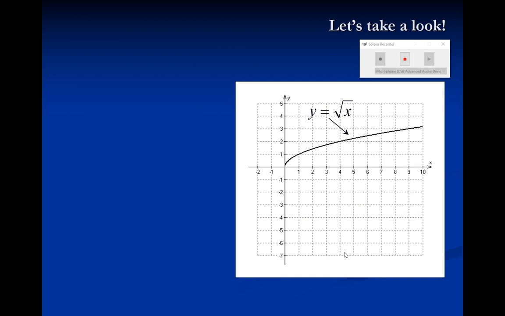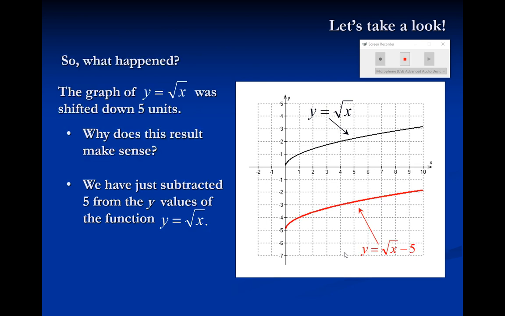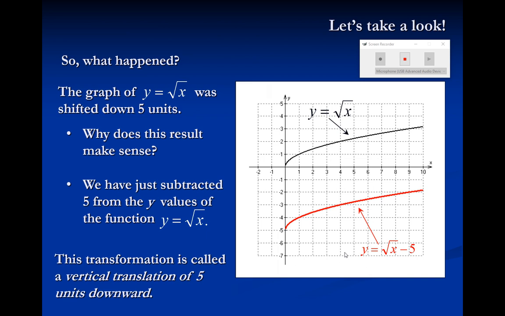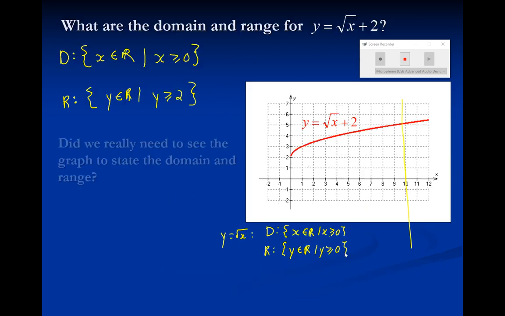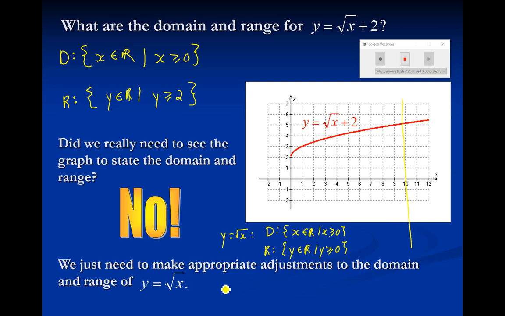Then I could look at the transformations and ask, what transformations have gone on here? If I change this to y equals root x plus 2, moving it up 2, does that affect the domain or the range? The range.